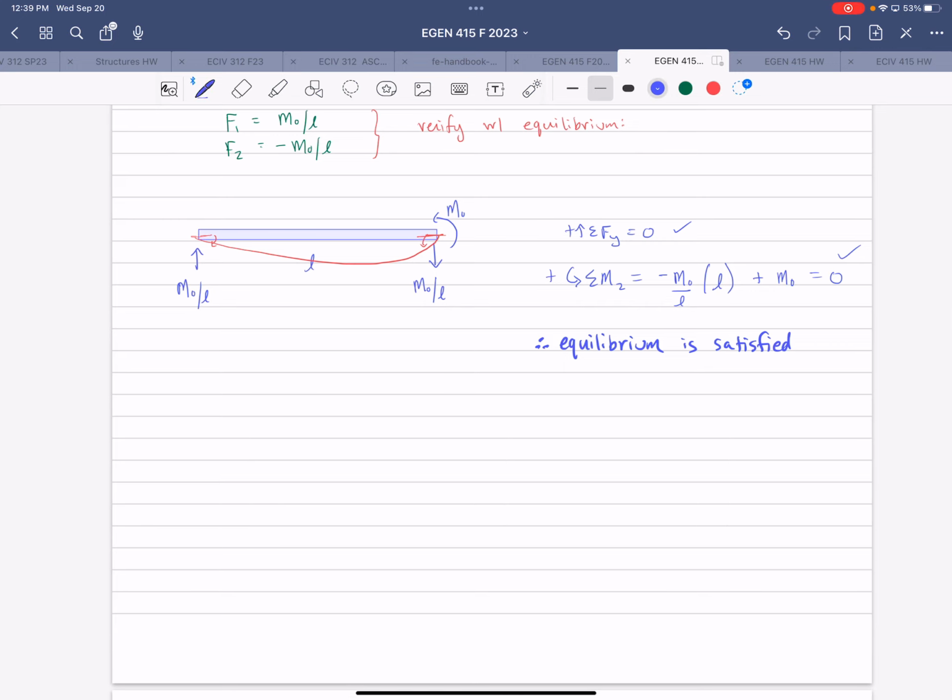So now we can use those values, right? The theta 1 and theta 2 values that we found, and plug them into that generalized expression for deflection that we derived previously, right? Remember that it was a long v of x. So this is the deflection equation from previous lecture.